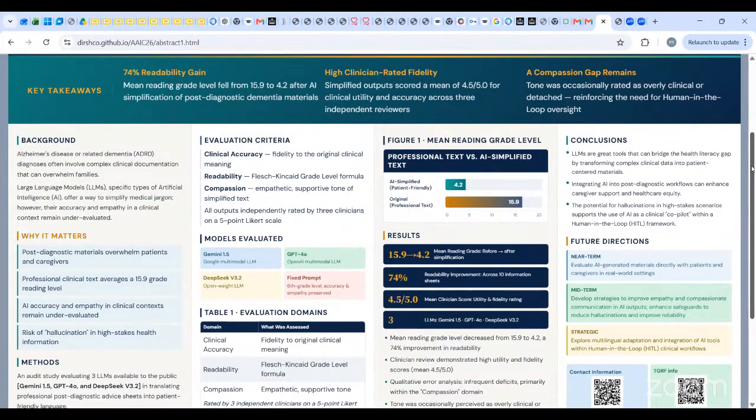Yes. And another question like which is better? My answer is we didn't compare between them. We just evaluated their accuracy and their readability and their compassion or empathetic tone. Yes.